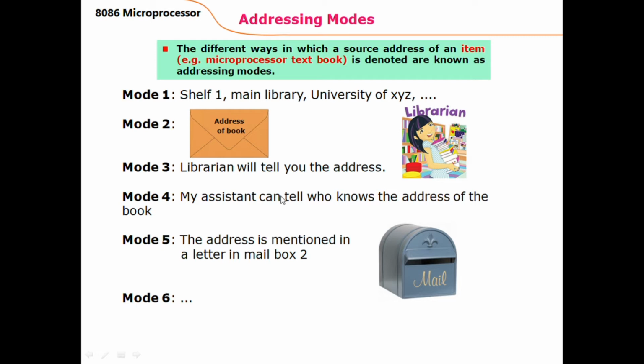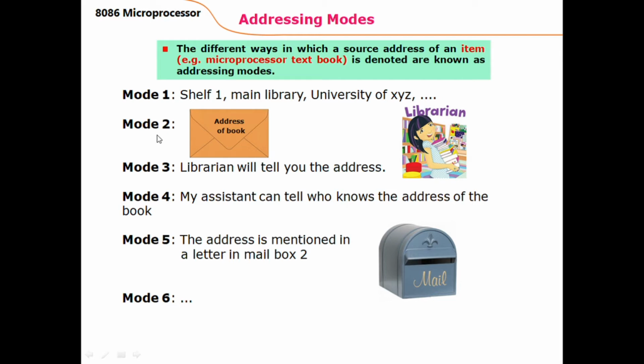Just like the microprocessor finds the data or the operands in the memory or in the register, when we need to find a microprocessor textbook, we need some addressing modes. For example, the address of the book may be denoted as: shelf 1 in the main library of the University of XYZ. That is where the microprocessor textbook can be found.